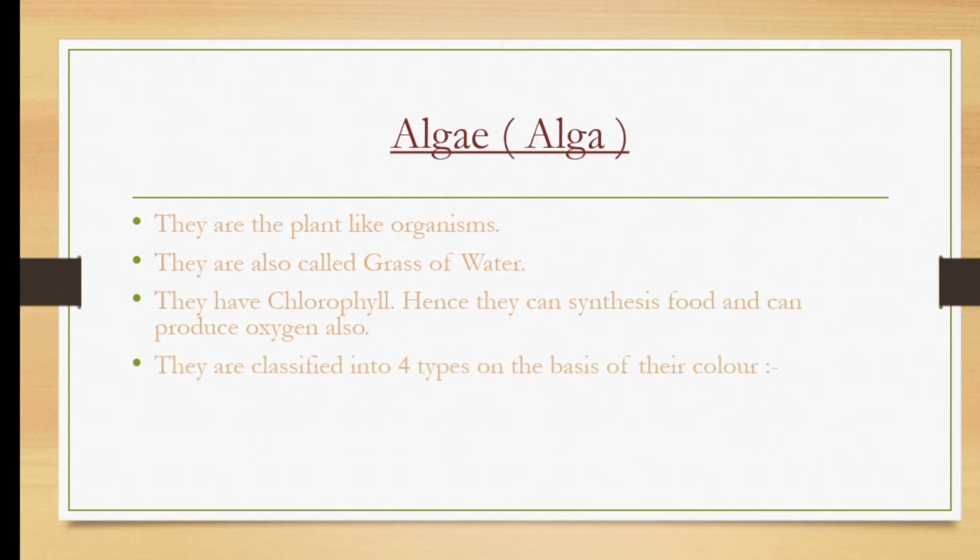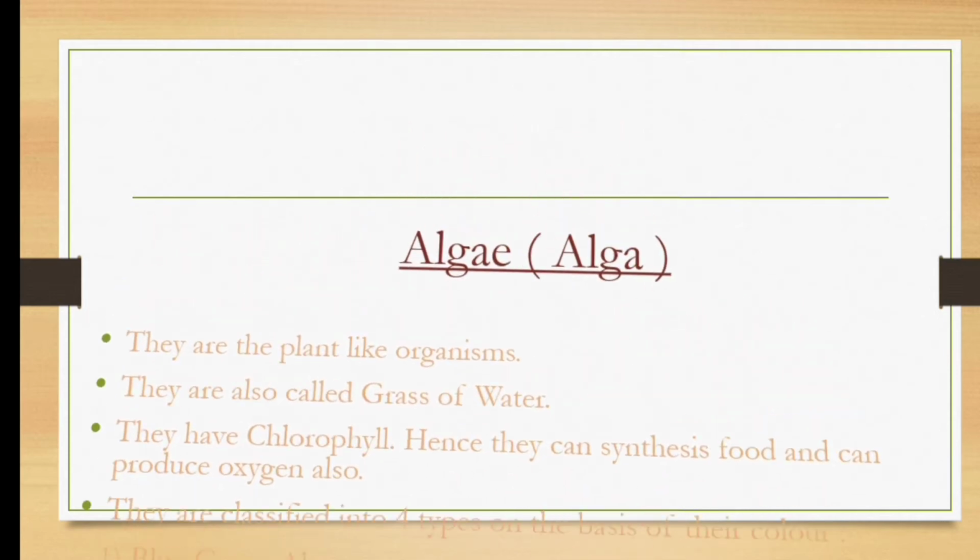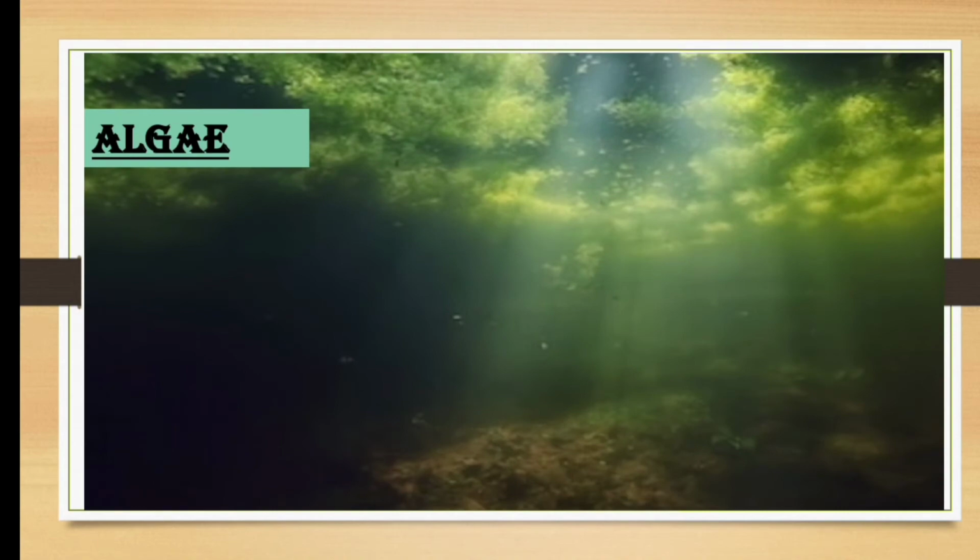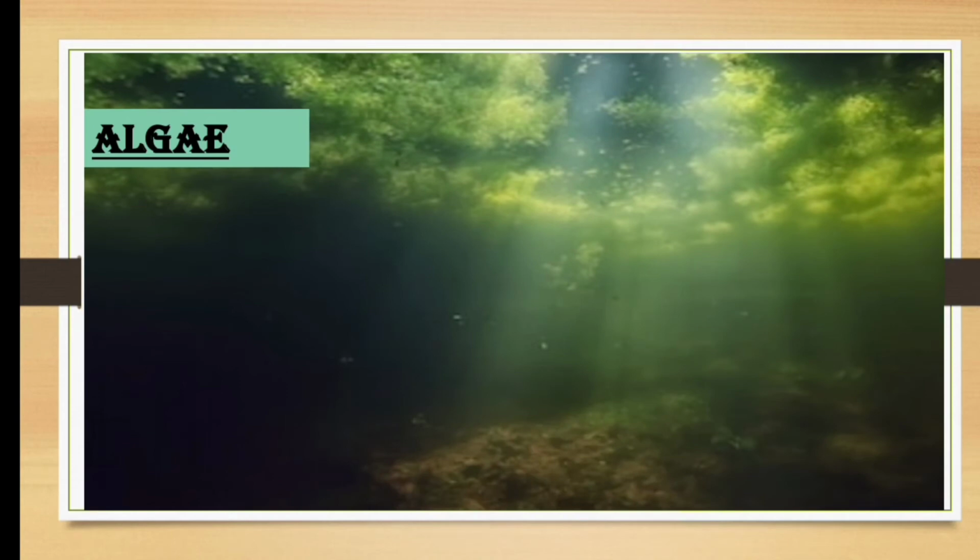They are classified into four types on the basis of their color. First is blue-green algae, second is green algae, third is brown algae, fourth is red algae. Now you can see a picture of algae. Algae are mostly found in stagnant water, especially in ponds and rivers.